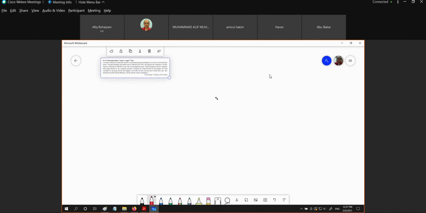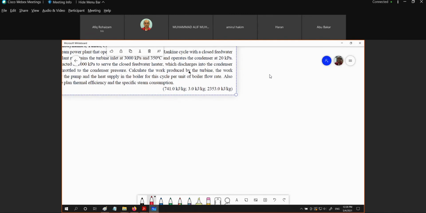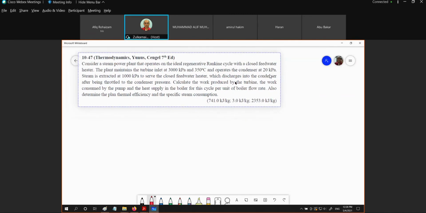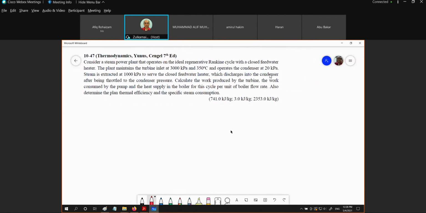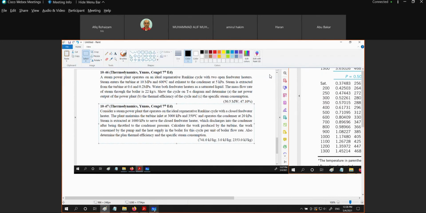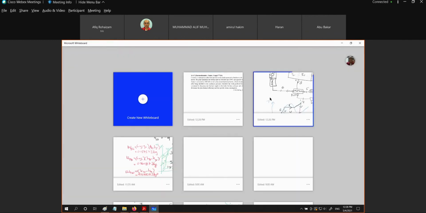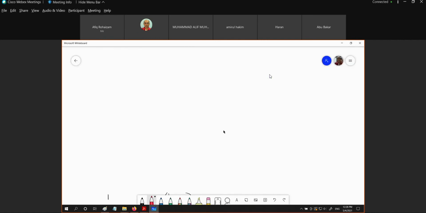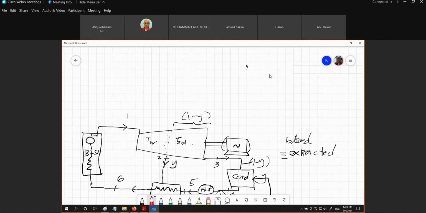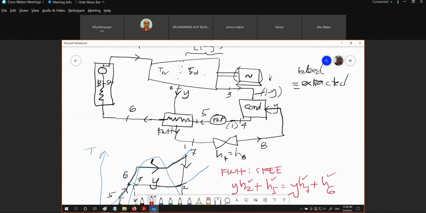Of course the flow rate is based on the Y value. Oh, the flow rate is already here.